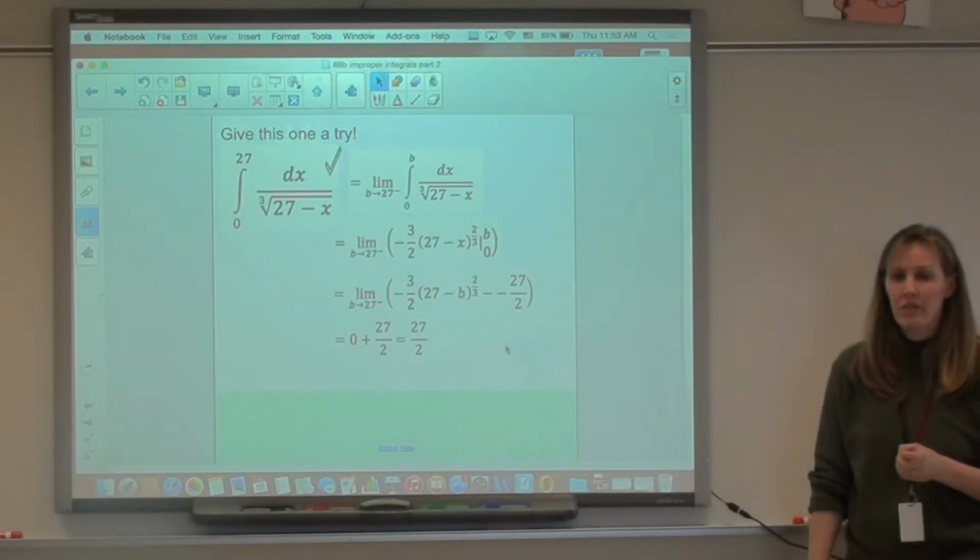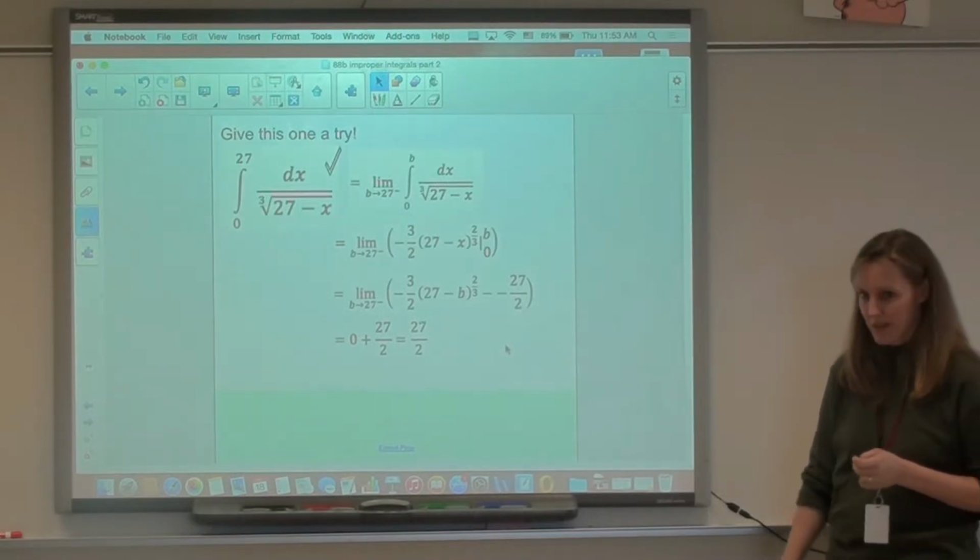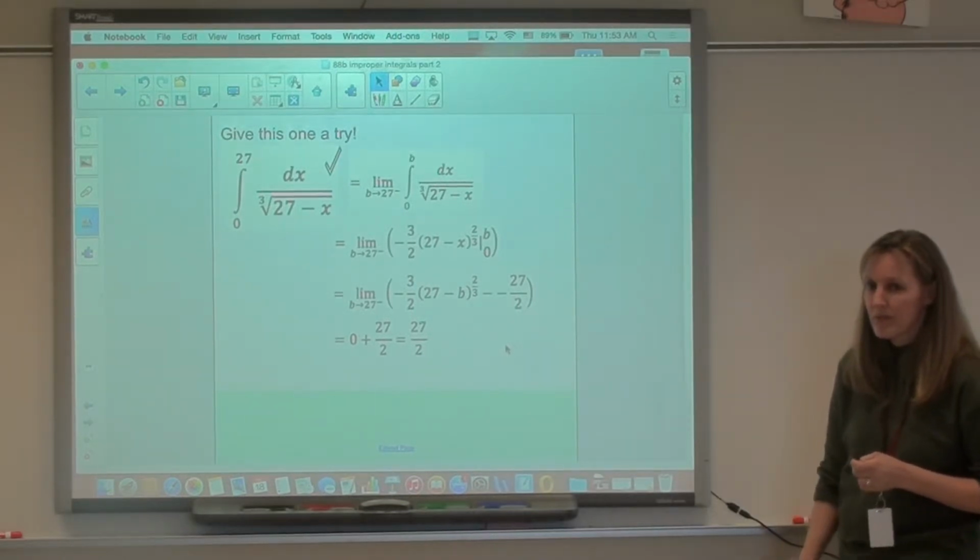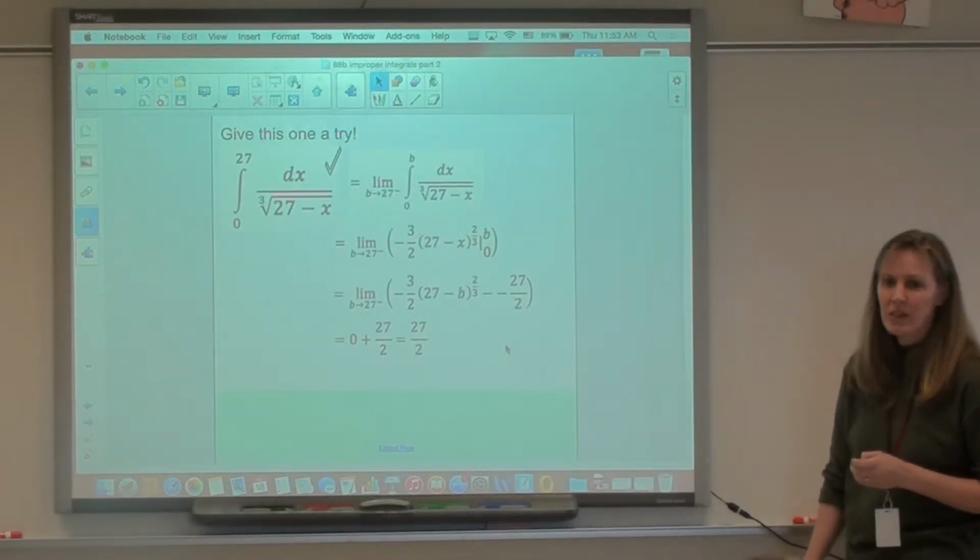Do I get 27 house? If you got negative 27 house, check your negatives.